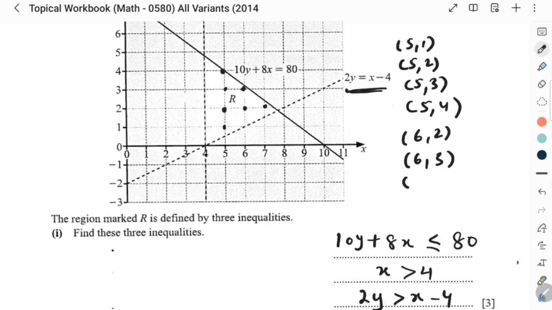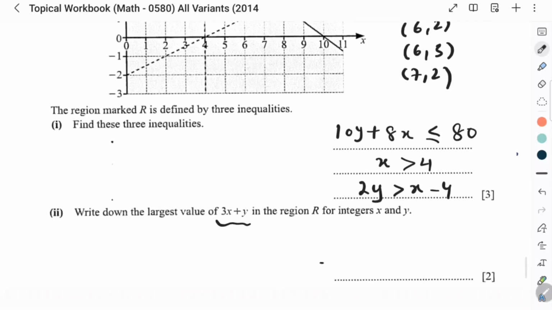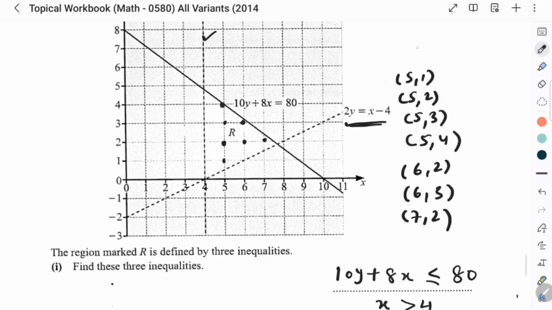So let's see the expression: 3x plus y. 3 times 5 is 15. We'll have to keep some greater value for x. 3 sevens are 21. If I take 3 sevens at 21 plus 2, that becomes 23.